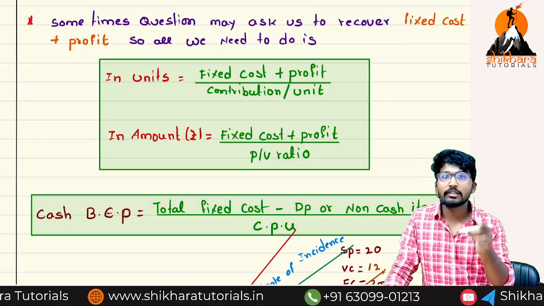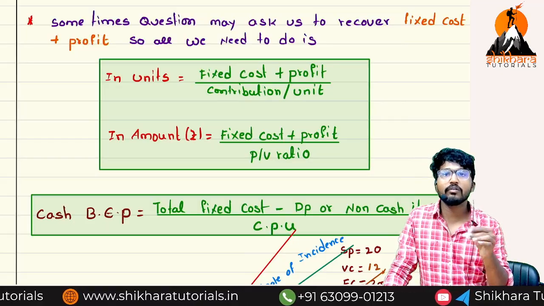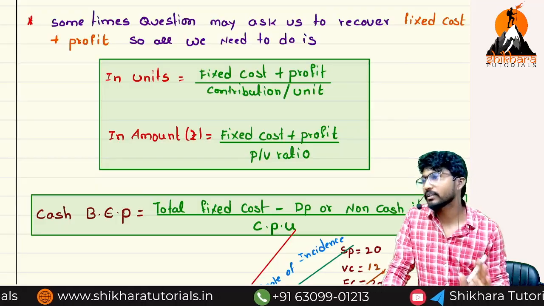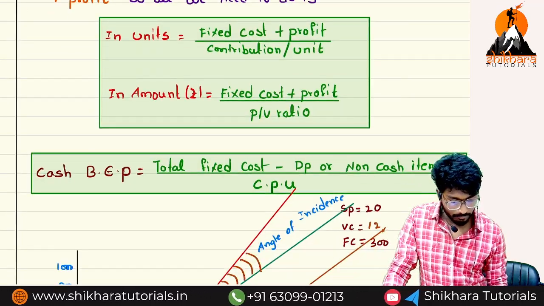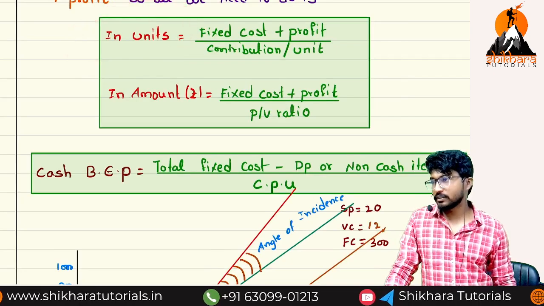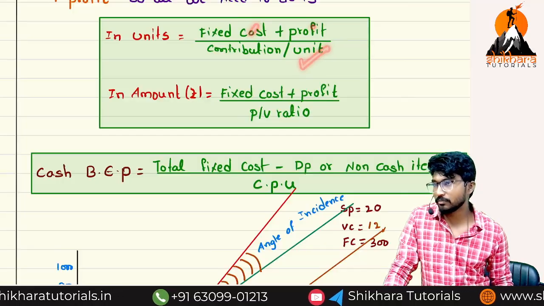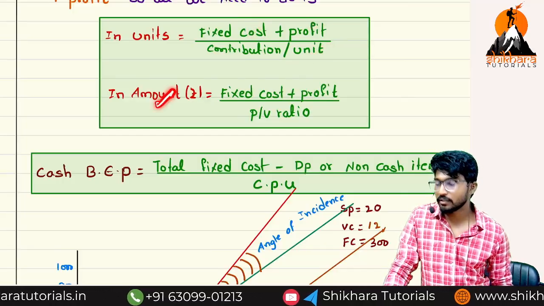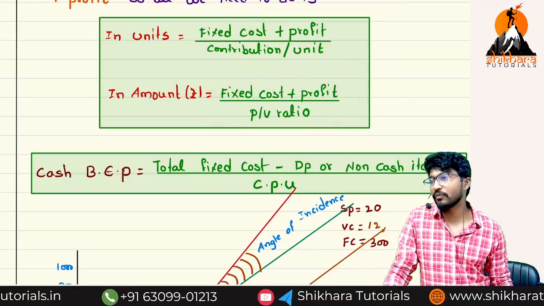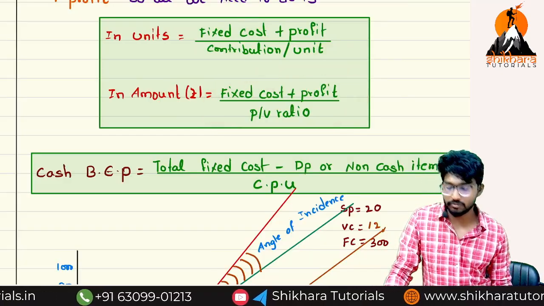If you sell 3,500 units, you will get a profit of 20,000. To get it in units, fixed cost plus profit divided by contribution per unit. If you want it in rupees, the formula is fixed cost plus profit divided by PV ratio.